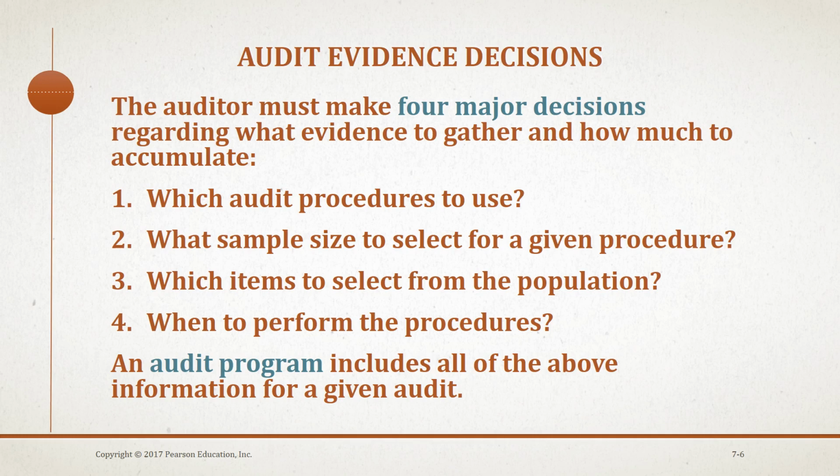We have a check register of 3 million transactions. What items are we going to select as our sample? And then, as I said before, here's the when to perform the procedures. An audit program includes all of the above information for a given audit.